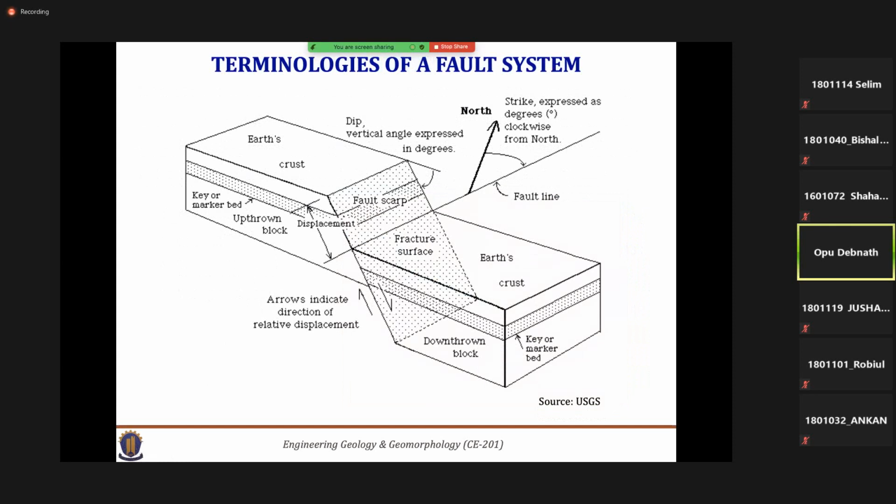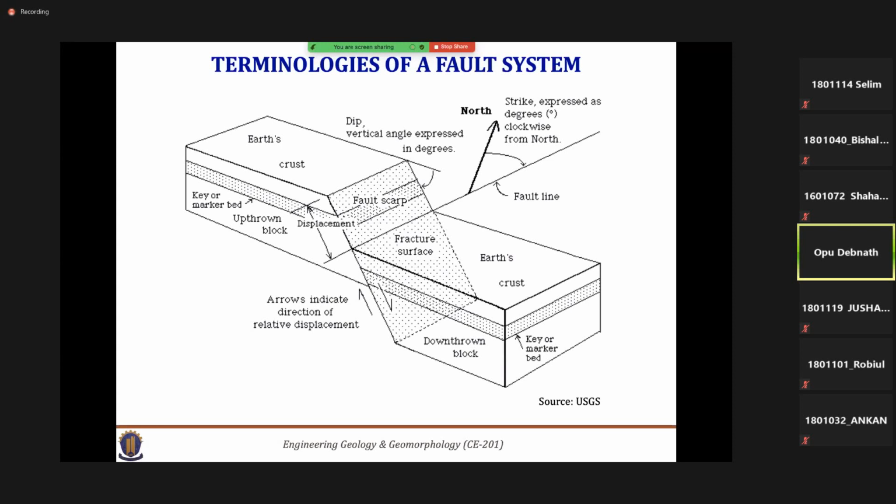This is a typical view of a fault, the cross section along a fault line. That means two plates, where one plate is moving compared to another. It means slip occurs. Along these two crusts, one is moving downward, and another one is fixed.